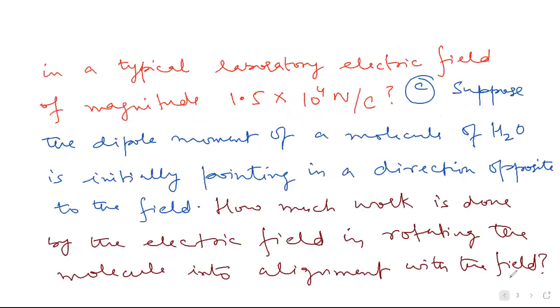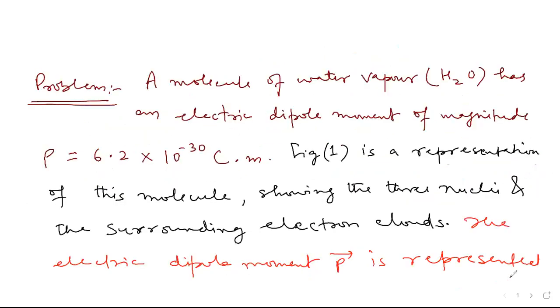Let us check the problem and then discuss the solution. The problem says a molecule of water vapor H2O has an electric dipole moment of magnitude P equal to 6.2 into 10 raised power minus 30 coulomb meter. Figure 1 is a representation of this molecule showing the 3 nuclei and the surrounding electron clouds.